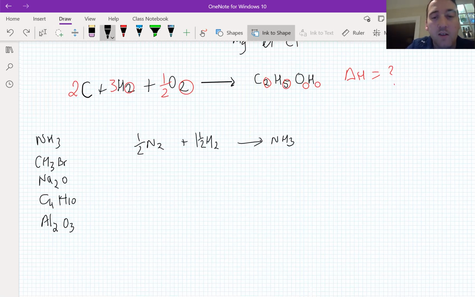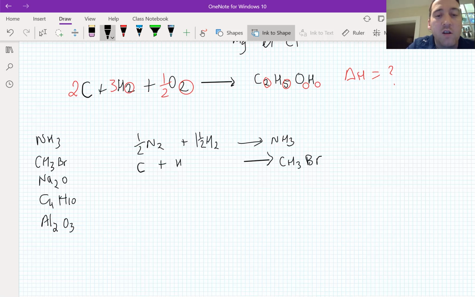Right, the next one, this is what you should have. CH3Br is the compound being formed. The elements here are carbon plus hydrogen plus bromine, which is Br2. If you didn't know it was Br2, you do now. Go and fix it. Pause the video now. Okay, hoping now that you got this. So the carbons are balanced. So 1 carbon, 1 carbon. So tick and tick, they're done.